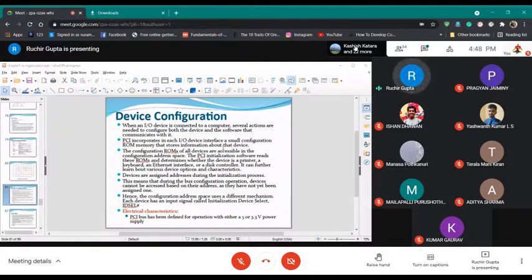So this all happens, and this is basically the plug and play idea. Do you understand this? You can see that there is no intervention of the user required in this whole process. Once you plug it in, you don't need to worry about anything. Does it make sense to you?